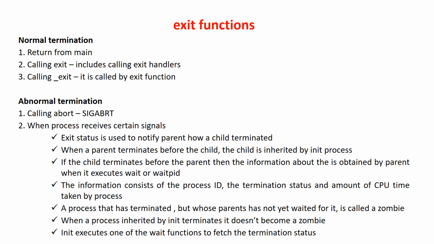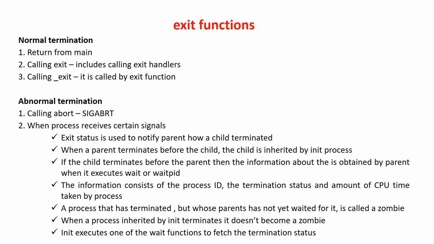Exit status is used to notify parents how the child terminated. When the parent terminates before a child, the child is inherited by the init process, that is, the process initiated by the parent. This is also an abnormal termination, because the parent is terminated before the child process completes.